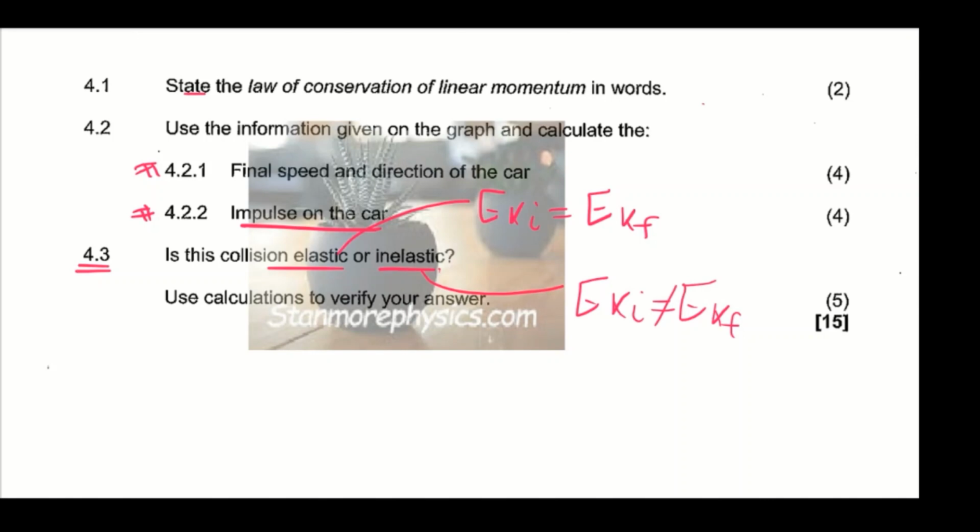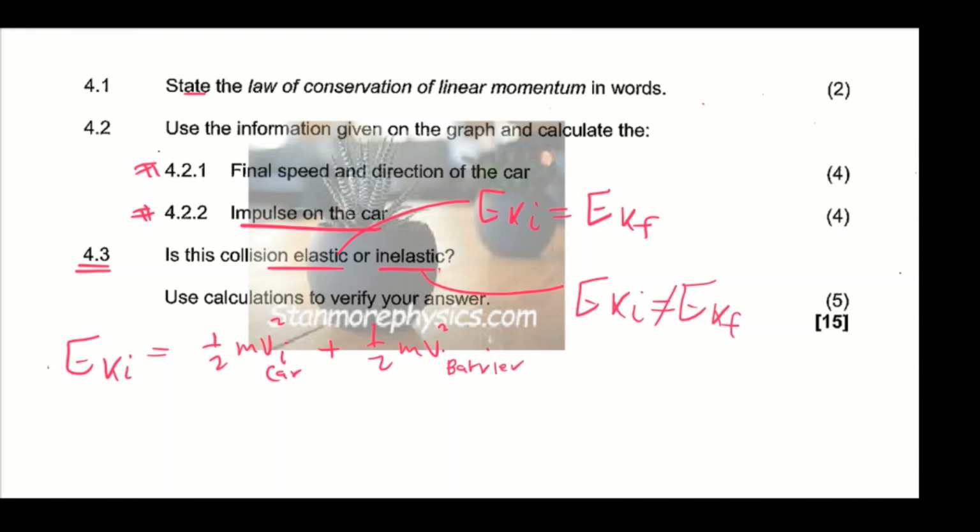Fine. So now we're just going to write the initial kinetic energy, which equals 1 over 2 mv squared initial of the car plus 1 over 2 mv squared of the barrier, right?